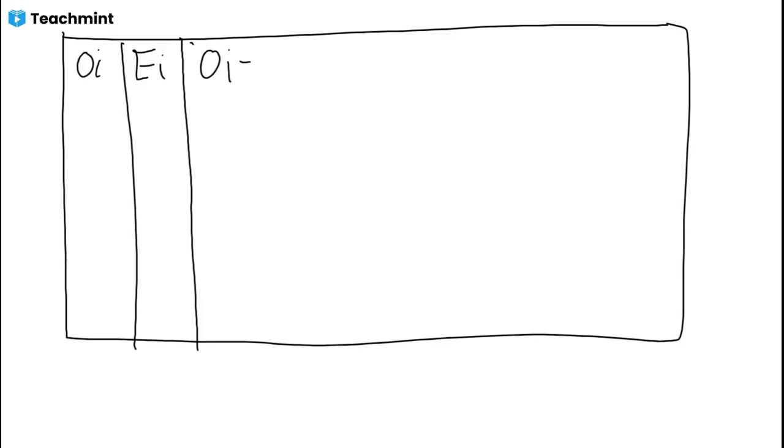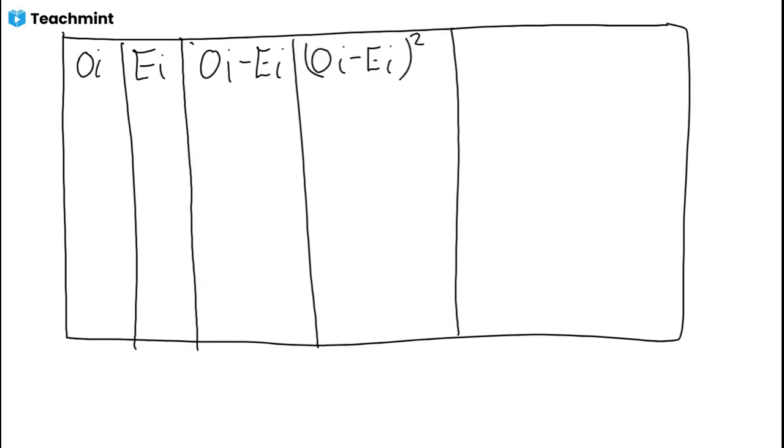I'm writing it again because we need more space. OI, EI, OI minus EI, OI minus EI squared, and then OI minus EI squared divided by EI.